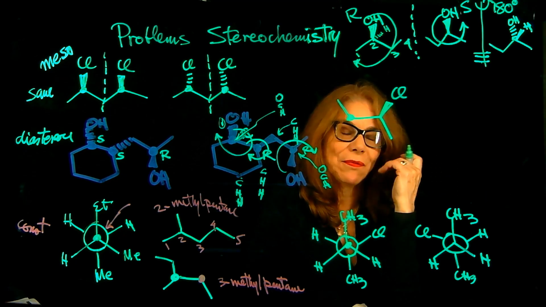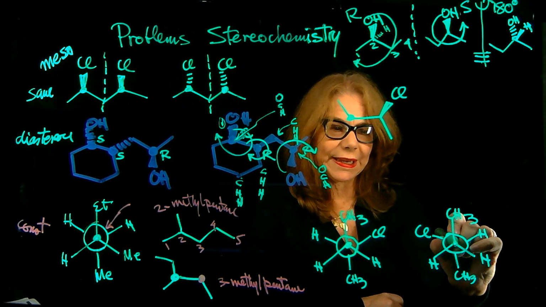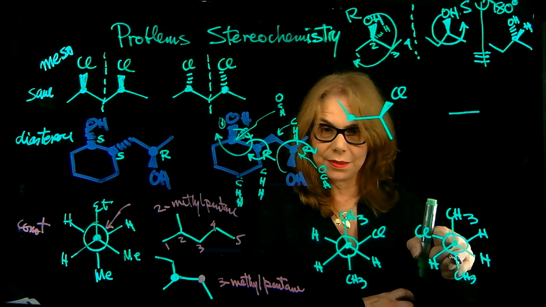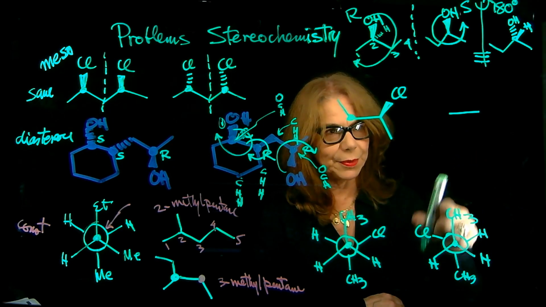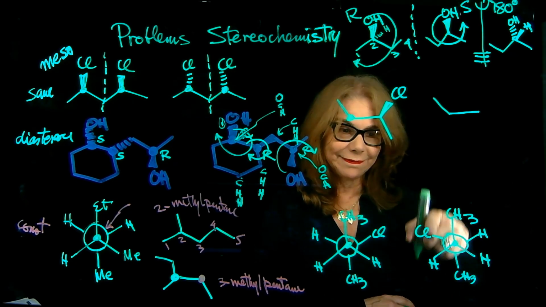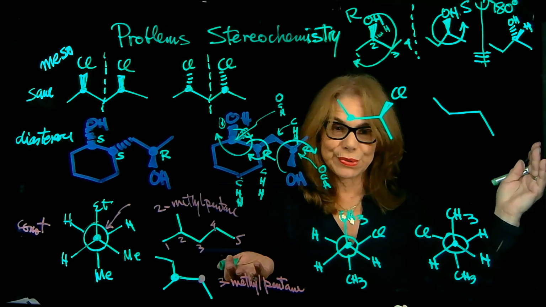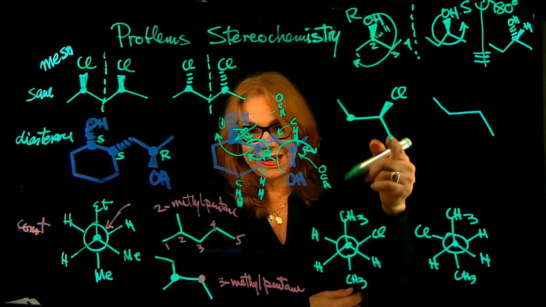Now let's see what happens in the other picture. Again, I'm going to draw a line saying that this is the bond between the carbon in the front and the carbon in the back. The carbon in the front has a methyl going up. The carbon in the back, methyl going down. So the skeleton is a butane. And by the way, this is 2-chlorobutane.